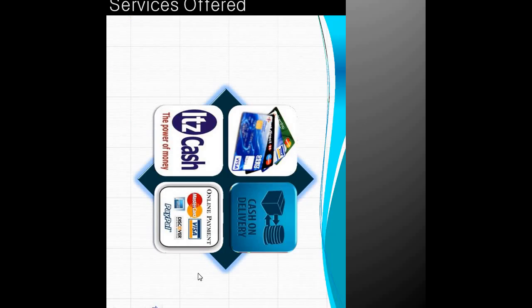Some services are offered, like cash cards and cash on delivery, with the help of a Visa card or a debit card. You can use these for online transactions for buying and selling of goods and services.